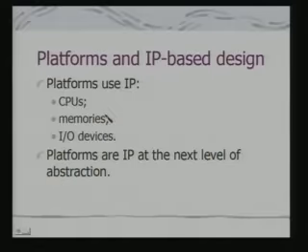But when we are talking about use of CPU, memory and IO devices, everything together, we are using IP at a next level of abstraction. One example we had already talked about is a pure soft core based platform where you may parameterize the architecture in terms of its processing speed, memory usage, IO channels, and then decide to fabricate that platform instance for your application.